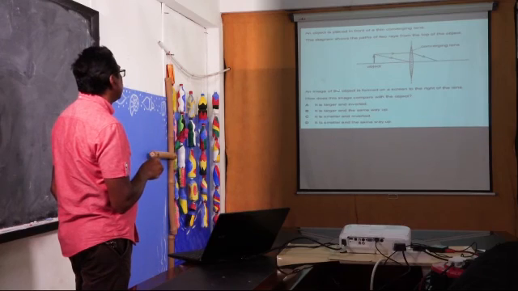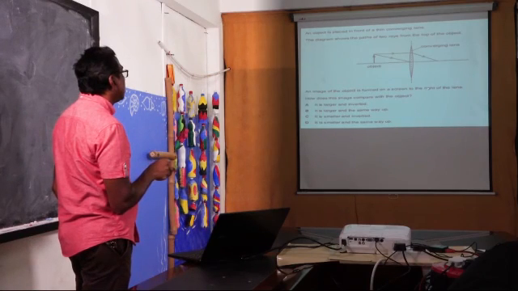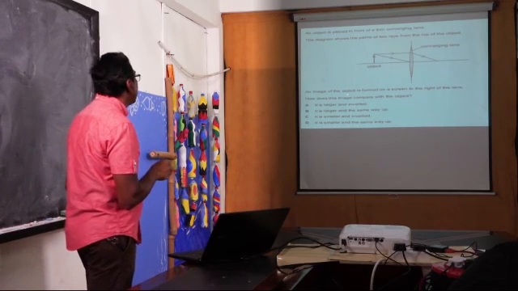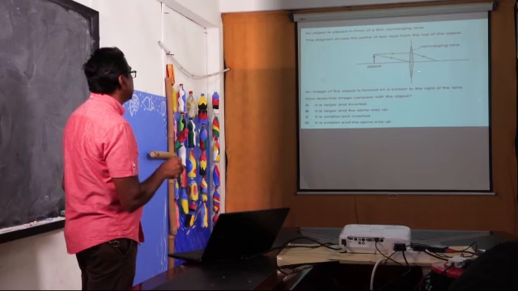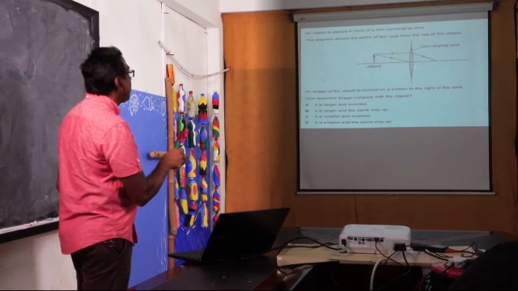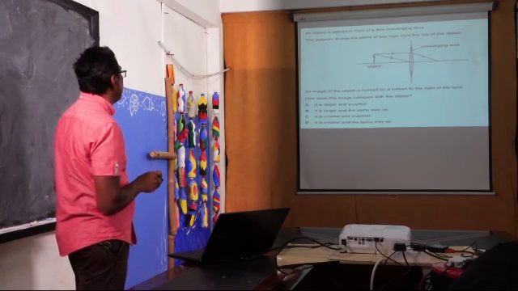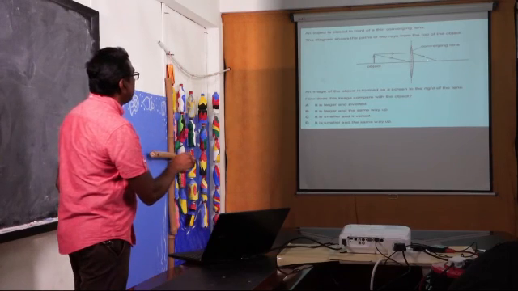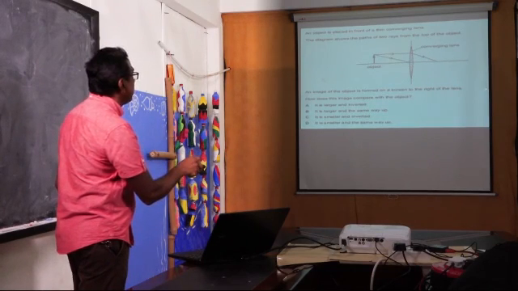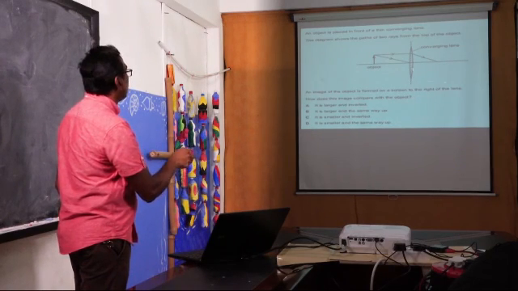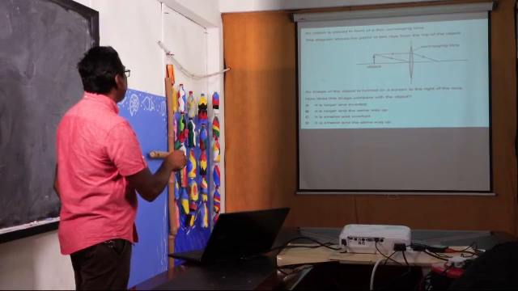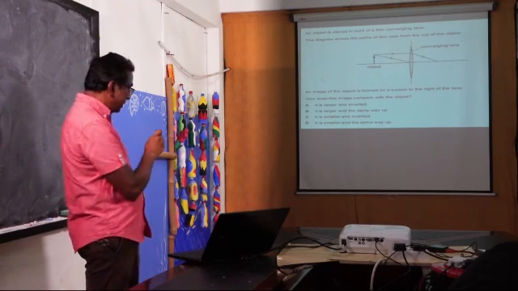The image of the object is formed on a screen to the right of the lens. Therefore, the image is going to be formed here. So, if you produce the lines, they are going to meet. They are going to be larger, and it will be upside down. Therefore, A is the answer.